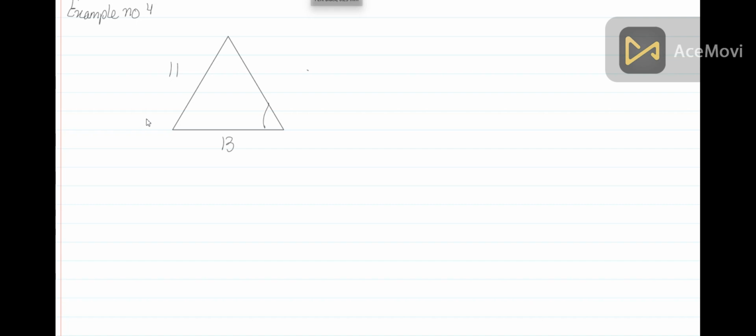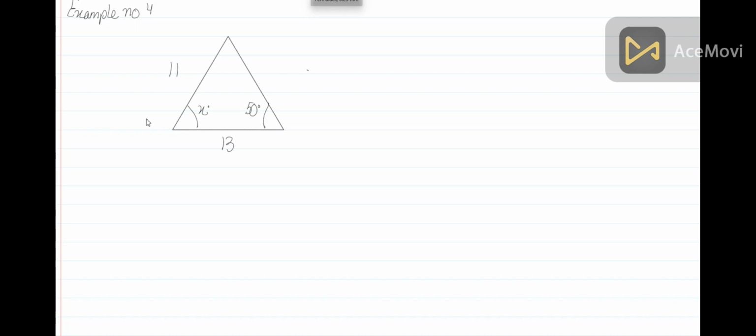I'm saying you have to find, no, this angle is given to you, that is 50 degrees, and you have to find this angle, that is x degrees.